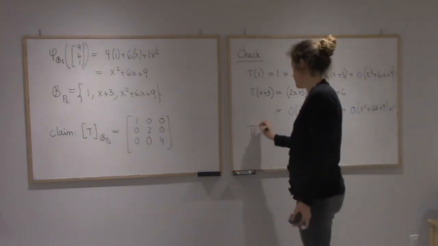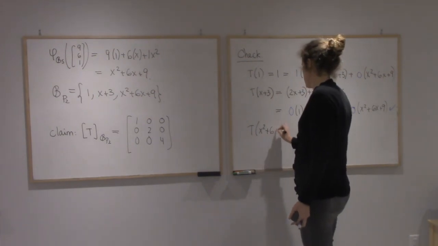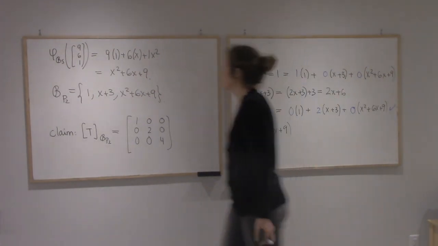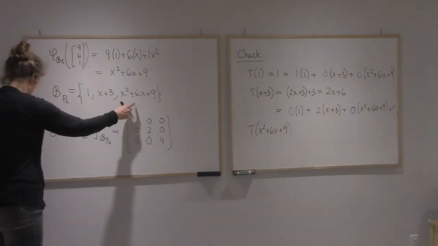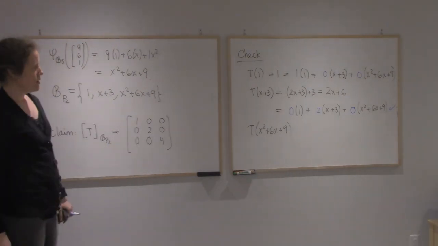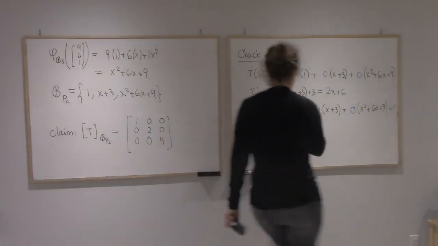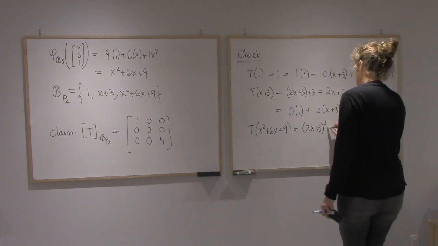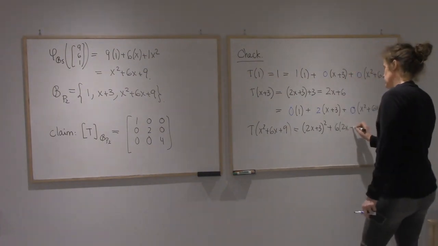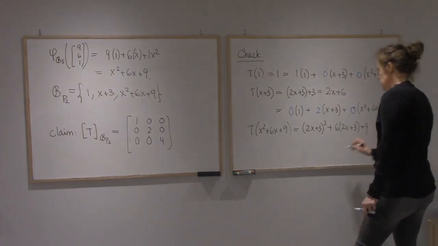And the last one, so if I apply T to this polynomial, I'll get 2x plus 3 squared plus 6 times 2x plus 3 plus 9.